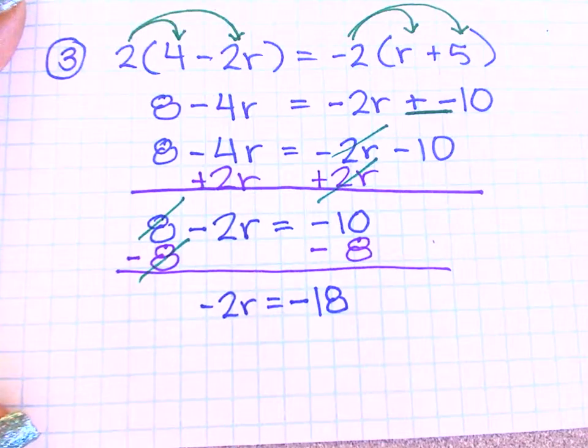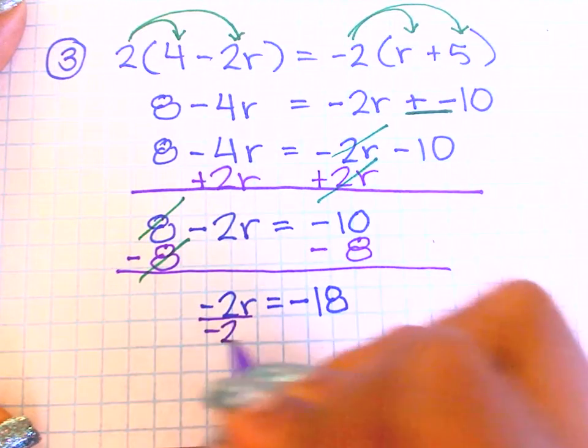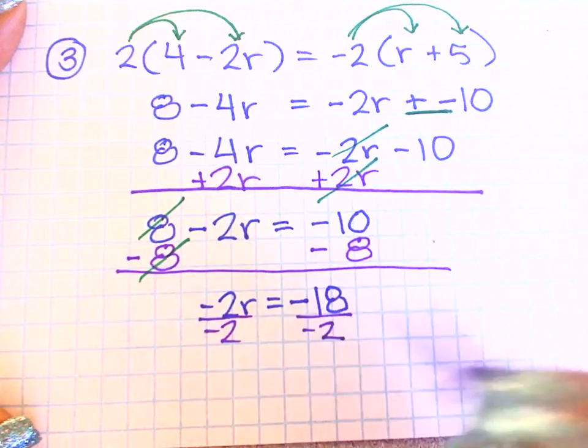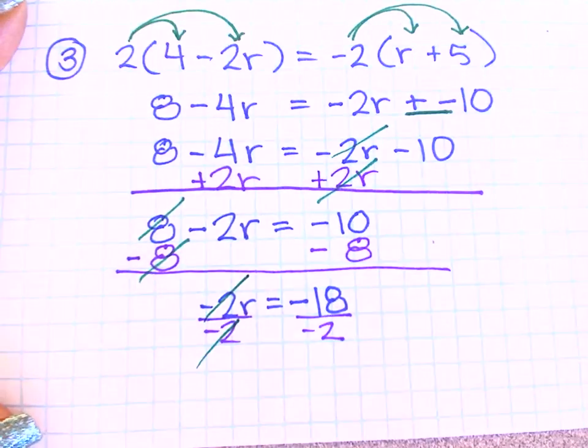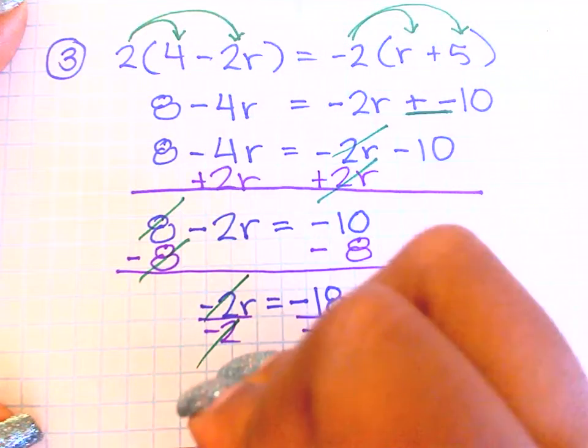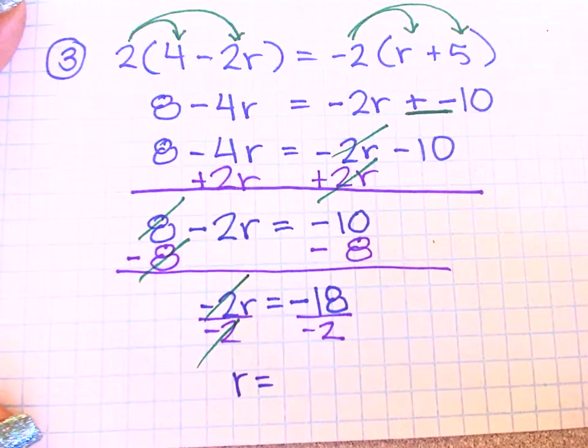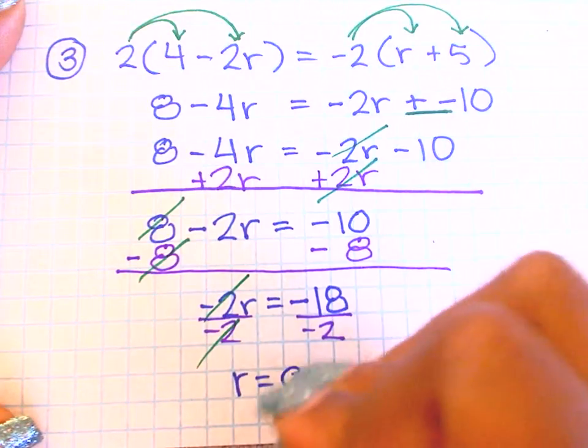I'm almost done. Getting r by itself, divide by negative 2 on both sides. Now when I get rid of that negative 2, r is going to be by itself. So they cancel. And r equals, a negative divided by a negative is going to be a positive, so I know I don't have to put a negative sign down. And 18 divided by 2 is 9.